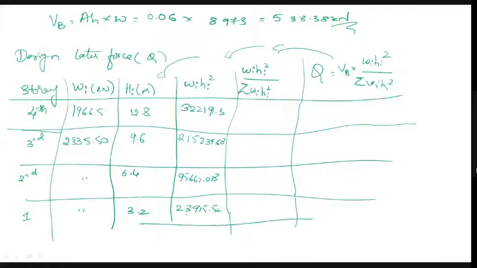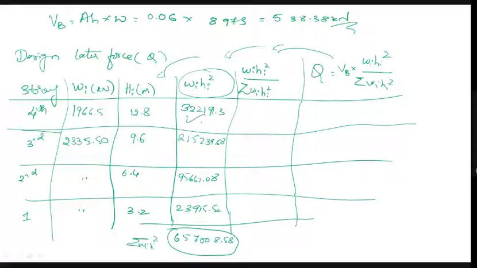Then you have to take the summation of this column. Summation of WI HI square means add all these things. It will be 657,008.58. We have got the summation of WI HI square. Now coming to the next column, WI HI square divided by summation of WI HI square.